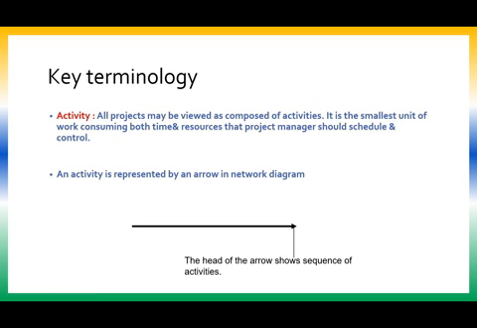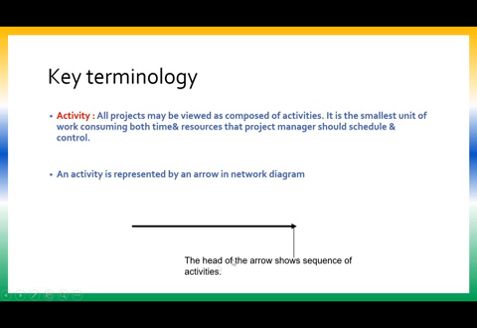When it comes to a network diagram, an activity is represented by an arrow, a line with an arrowhead. Therefore, this diagram is also called an arrow diagram.